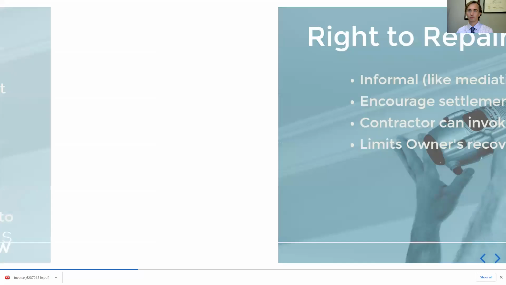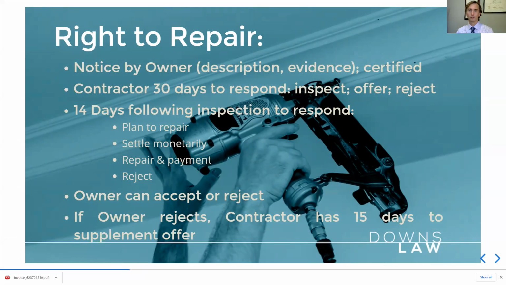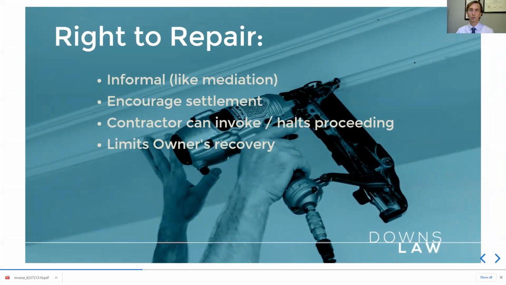So when we looked at the prior slide, you'll see that the first step is the notice by the owner. So sometimes the owner won't provide the notice. So what happens in that case? Well, you as the contractor can invoke the Right to Repair Act. So if the owner doesn't provide that notice to you, and let's say they file suit against you, then you can stop the lawsuit by invoking the Right to Repair Act.